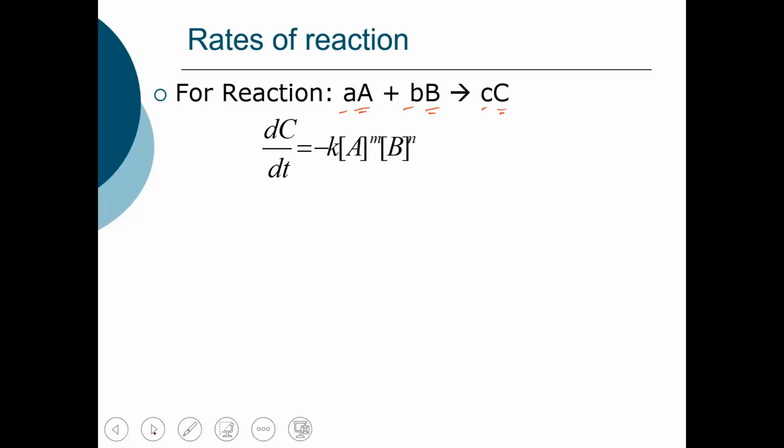We can write a reaction rate expression.